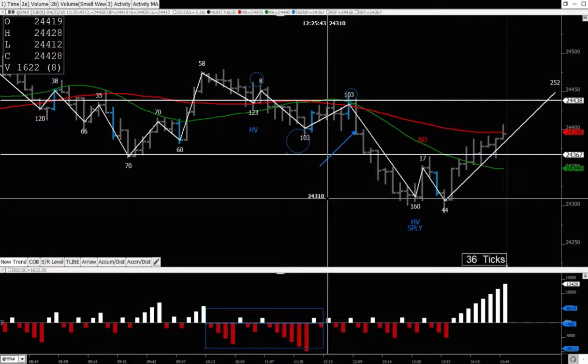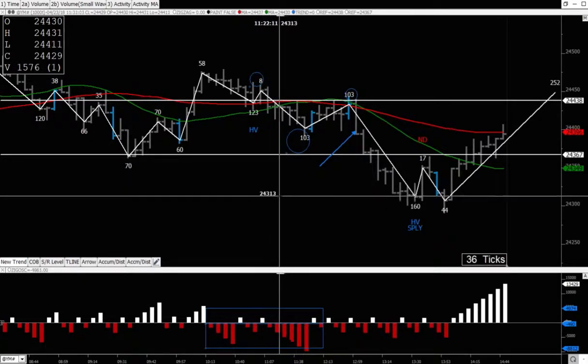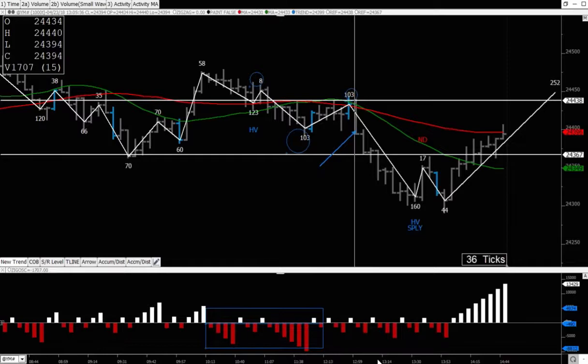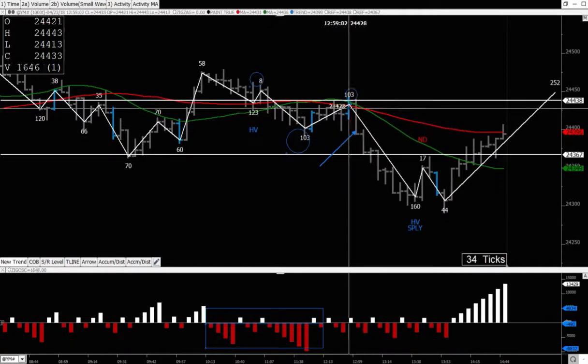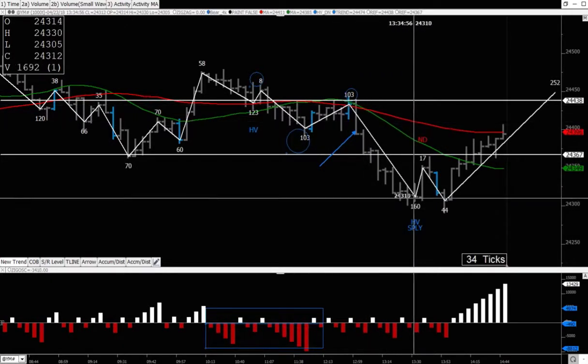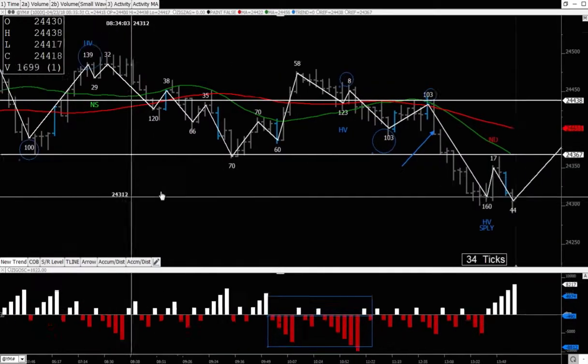Sometimes they're overnight, sometimes in the morning, sometimes during lunch, or later in the day. This happened later on, right? I don't know what time, but I think like 12 or 1. And this was the move for the day, in my opinion. This was the trade of the day, at least in the Dow.